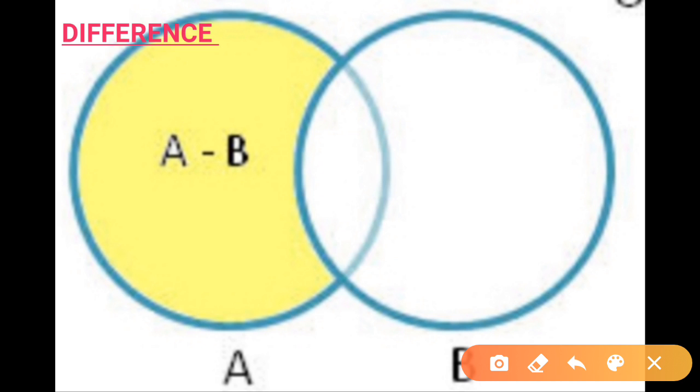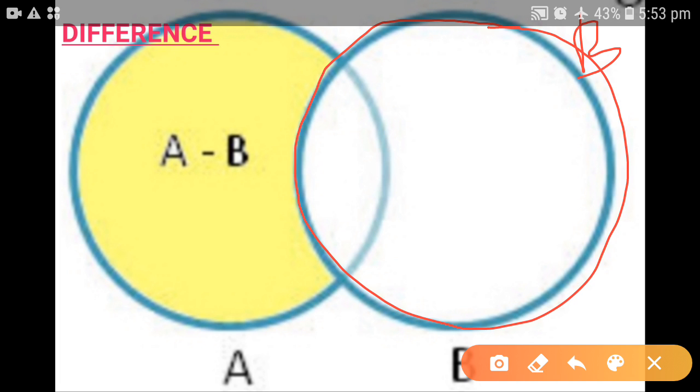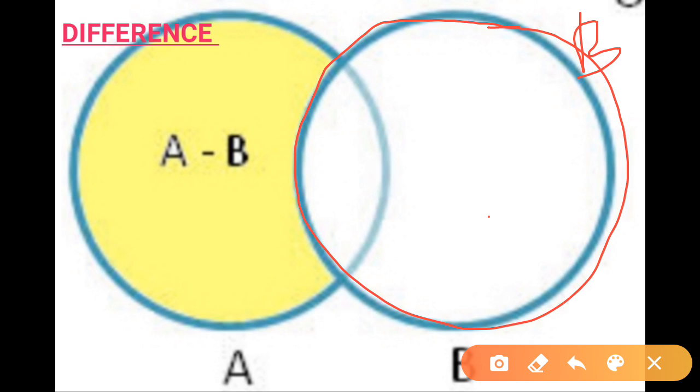Actually, this is the total B. This total B I am not taking for A minus B, right?